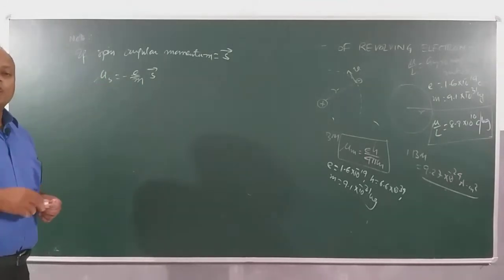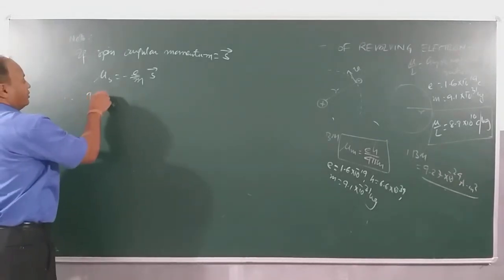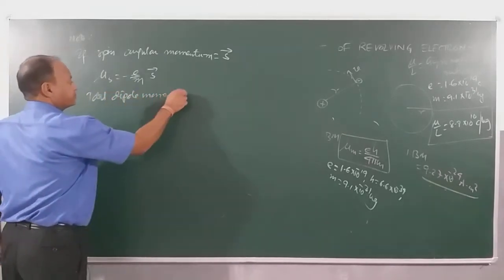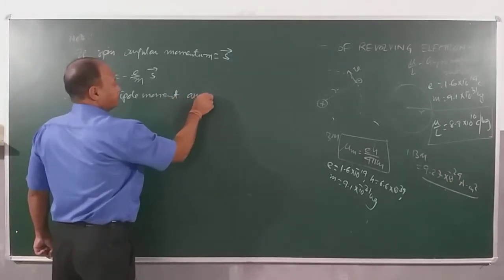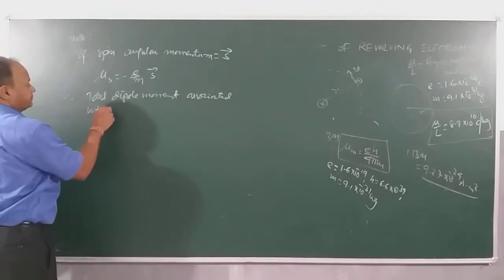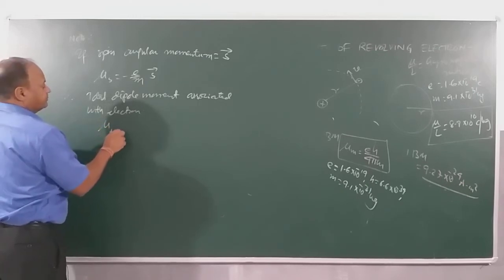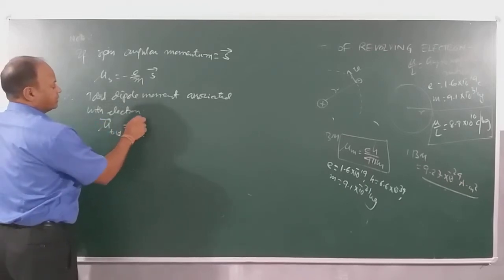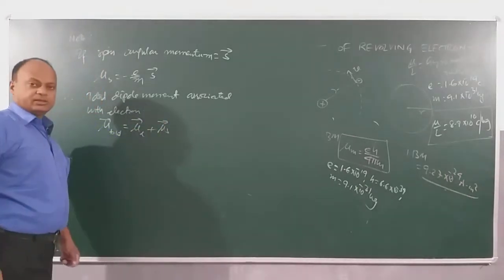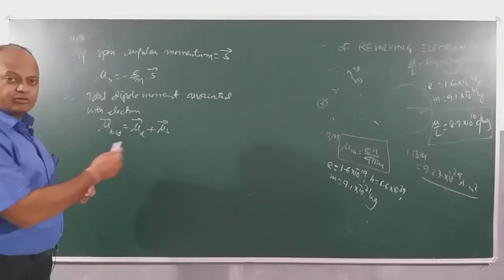So if somebody asks you what is the total dipole moment associated with electron, I will say, therefore, total dipole moment associated with electron, mu total, is equal to mu L, angular dipole moment, plus spin dipole moment, because the electron is not going like this, it is spinning about its axis and then going around the nucleus.